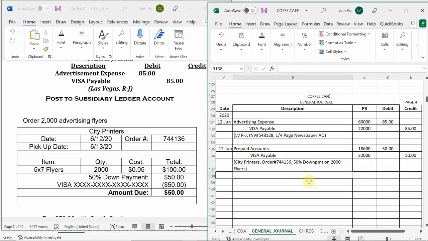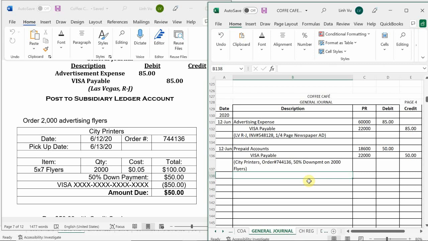Okay? That's what you paid for. You bought a down payment. You didn't pick up the flyers, you didn't buy them. All you did was pay for services in advance. And what this down payment is going to do is it's going to be applied to the order number when you pick up your flyers.